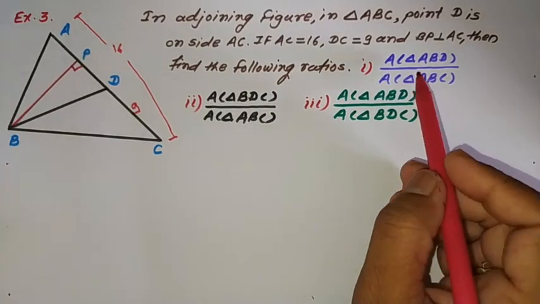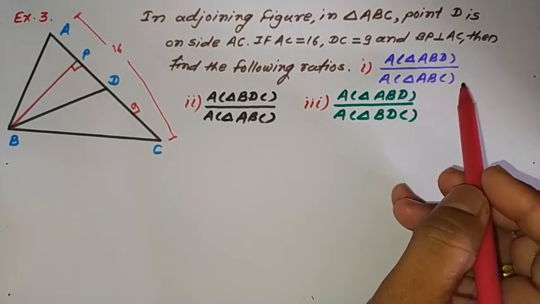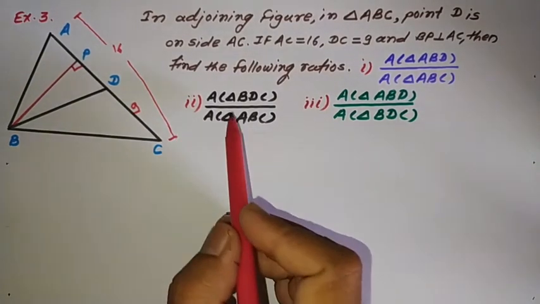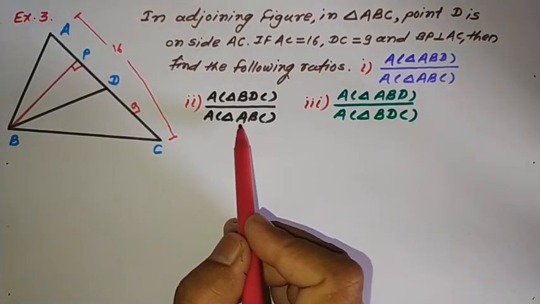First, area of triangle ABD upon area of triangle ABC. Second, area of triangle BDC upon area of triangle ABC.